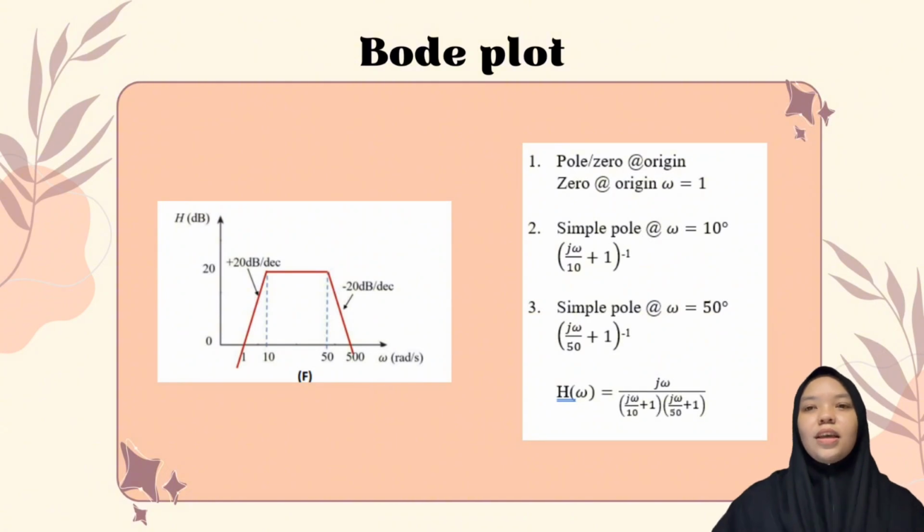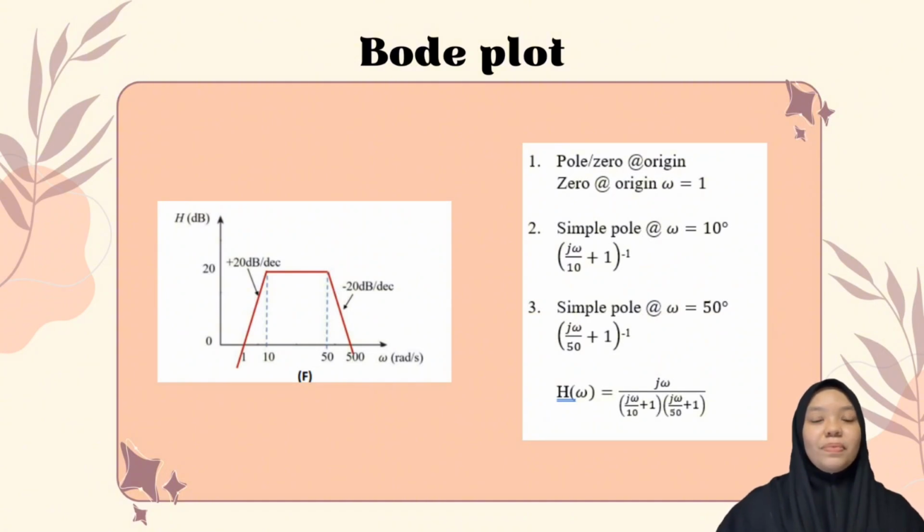So here's the given Bode plot. We observe 3 distinct regions: an initial rise at positive 20 dB, a flat region, and a decline at negative 20 dB. Here, first step, we will identify the initial zero at origin. The initial rise at positive 20 dB indicates a zero at the origin.